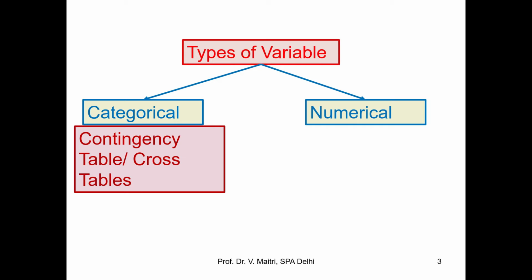Otherwise, preparing a contingency table, cross table, or bivariate frequency distribution table is one and the same thing. The procedure of creation is the same, no changes. But due to the type of variable, our limitations are there.